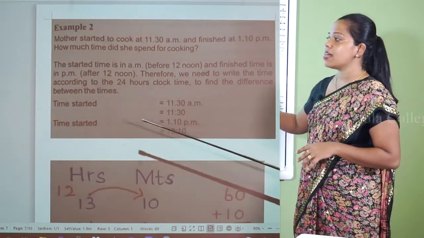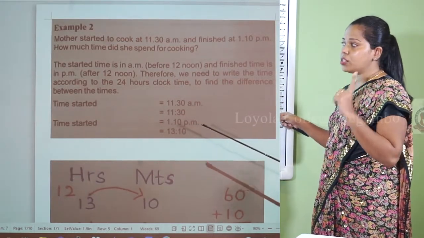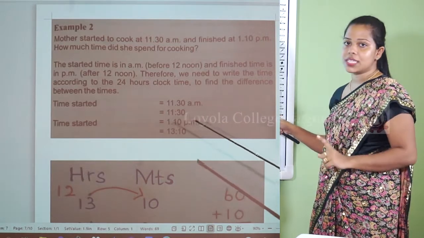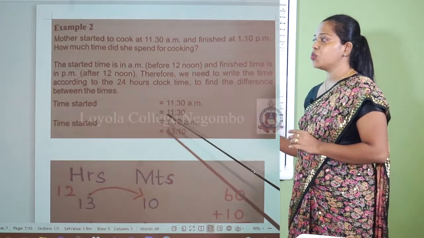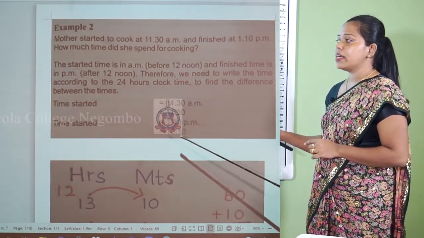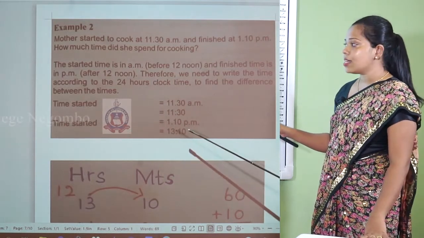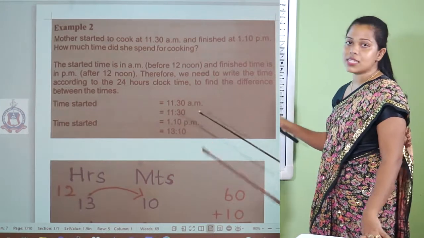And the time ended, 1:10 p.m. I told you when you are converting a time given in PM, you must add 12 to this 1. 1 plus 12, it's 13. 13:10, and here 11:30.